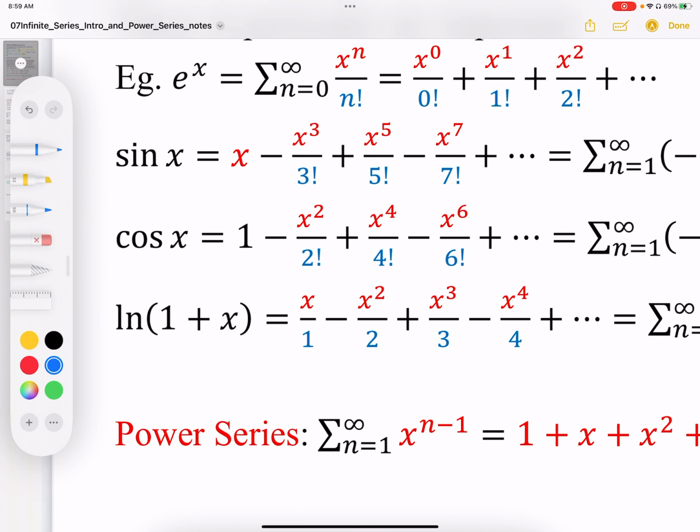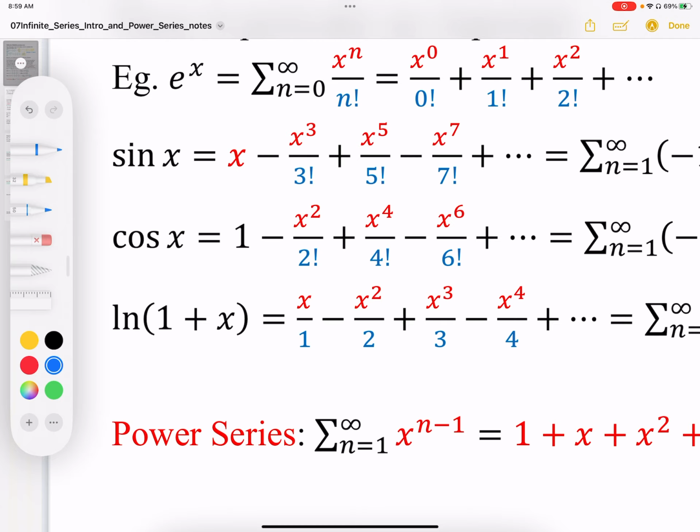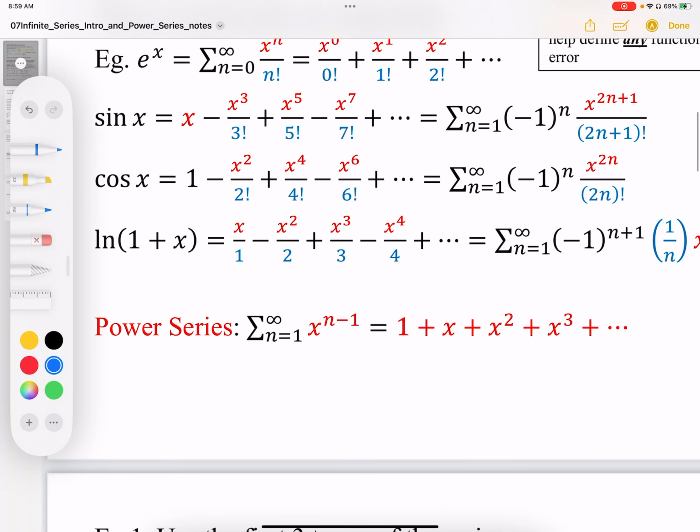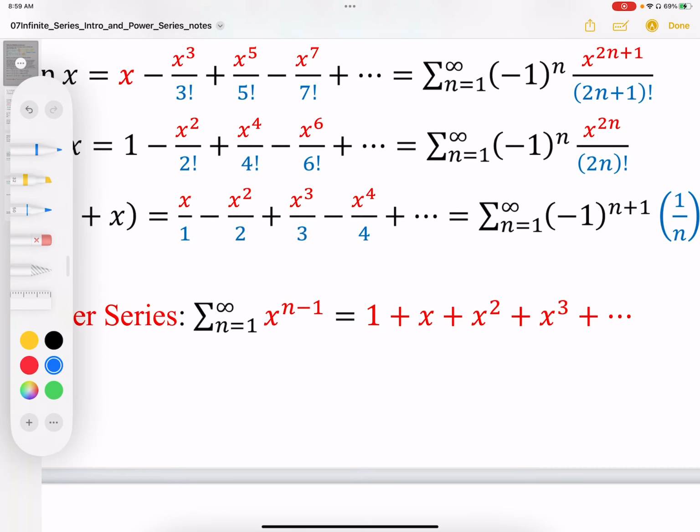To look at these functions, we're going to first start with the power series part of it. The power series is a series with an x. It has a base of x, and we're going to start with x to the power 0, x to the power 1, x squared, x cubed, and go on infinitely with that.